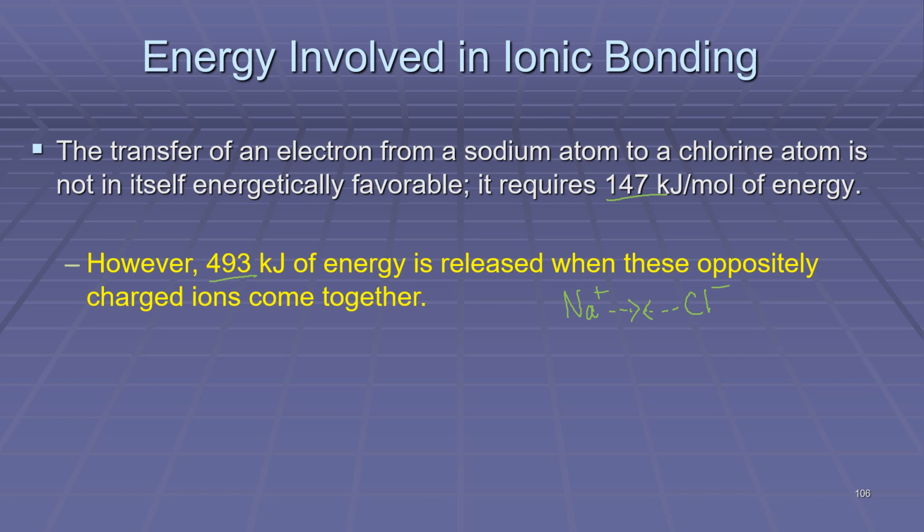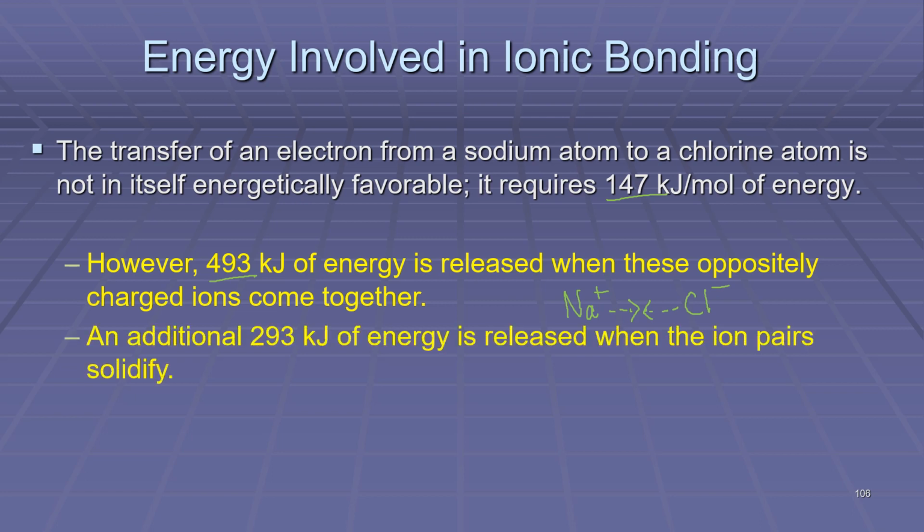And then one more thing happens. When the ions solidify to salt, another 293 kilojoules of energy is released. All of this is definitely more than the 147 needed to take the electron in the first place.